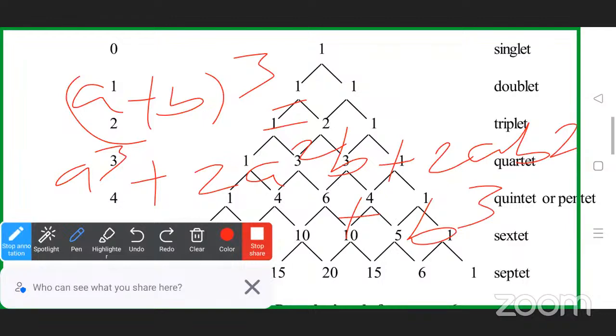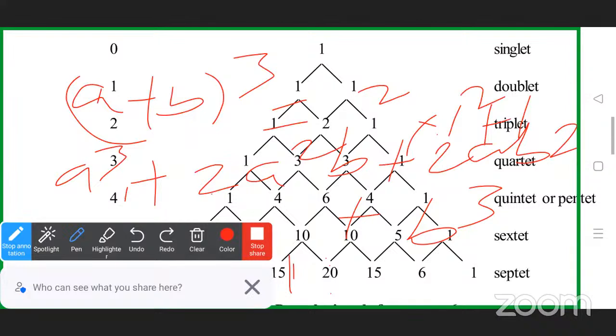So here A equal to 1, B equal to 1. So 1 cube, that is 1 only. 2A square B, how much is it? Sir, A plus B cube is equal to A cube plus 3A square B plus 3AB square plus B cube.